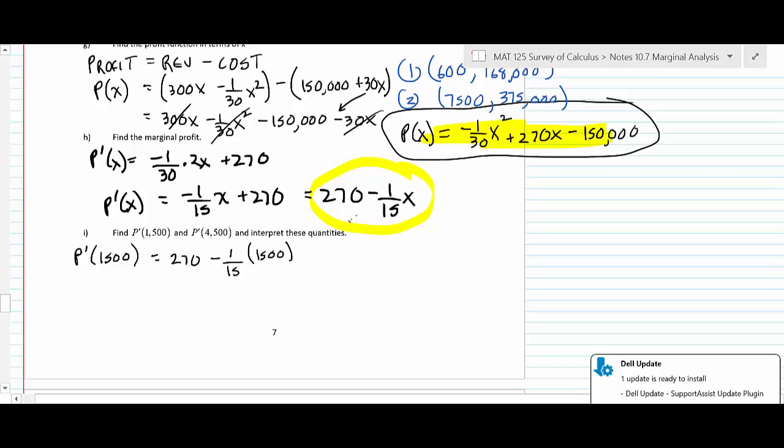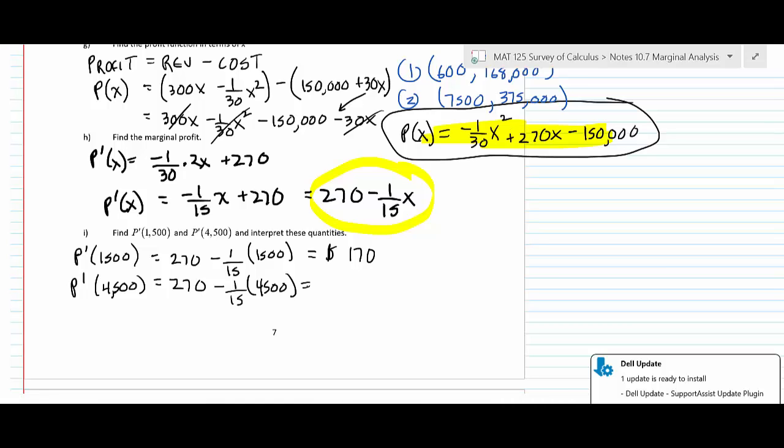So that's going to be $170. And then the profit at 4,500, let's see what that is. That'll be 270 minus 1/15 times 4,500. So 4,500 over 15 is going to be negative $30.